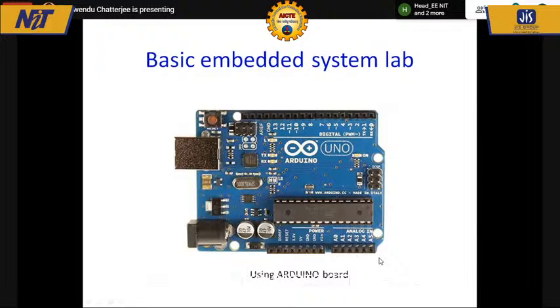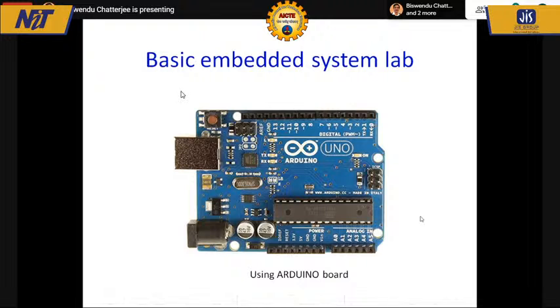So we are starting our day. It is my second day. Earlier I explained the preliminary things, that are registers and how to set the bit or clear the bit of a particular register, and ultimately we linked an LED in the program, and also we set the delay period using the timer register.